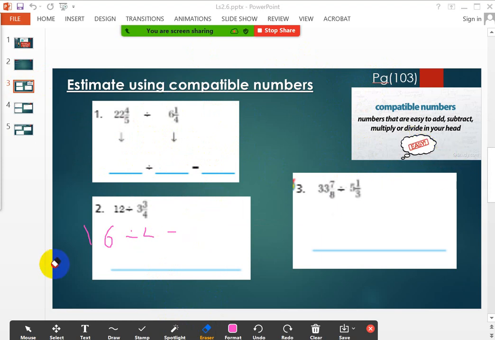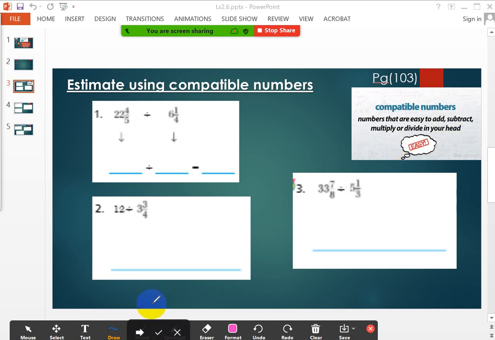So, look at this note, girls. Compatible numbers: numbers that are easy to add, subtract, multiply, or divide in your mind, in your head. So easily I can add the numbers, divide the numbers, or multiply the numbers without using any strategy.